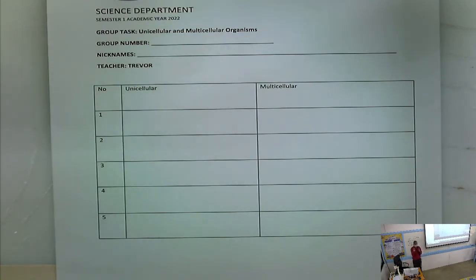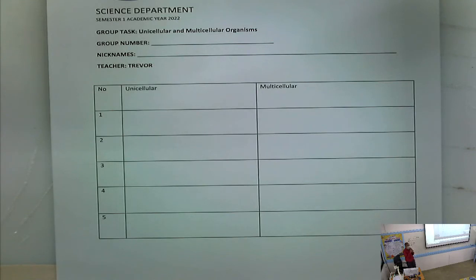I want you to identify 5 unicellular organisms. It's a simple task. You also write 5 multicellular organisms. Come on. You write the names of the unicellular organisms that we talked about. Right, I'll help you. One, we say there's bacteria.